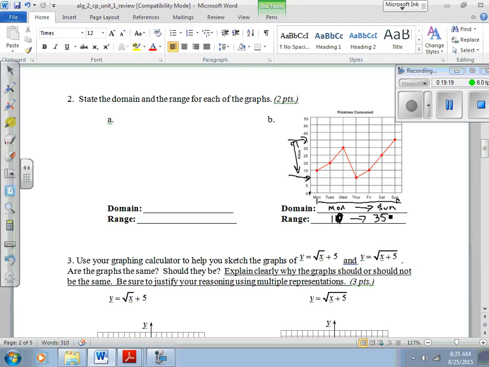Now, when you guys are stating domains and range, the unit for this section for Algebra 2 has 2 quizzes on it, okay? We want to take the first quiz on Thursday, and then we'll review a little bit.